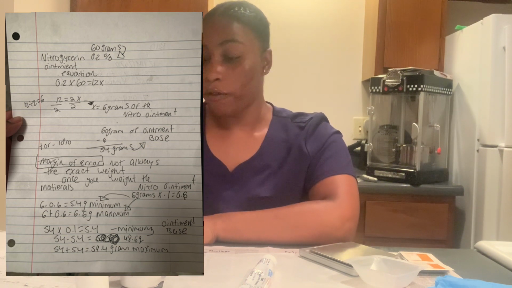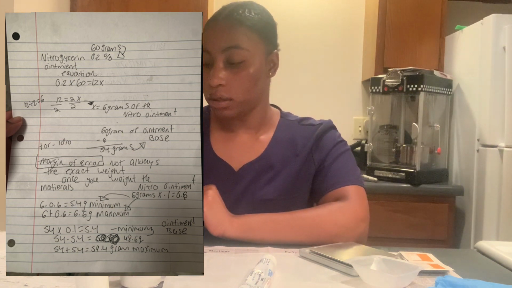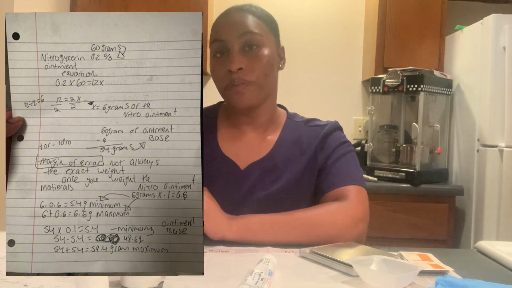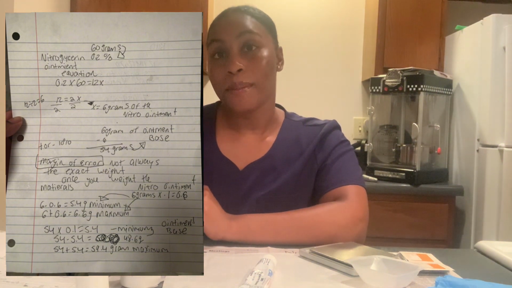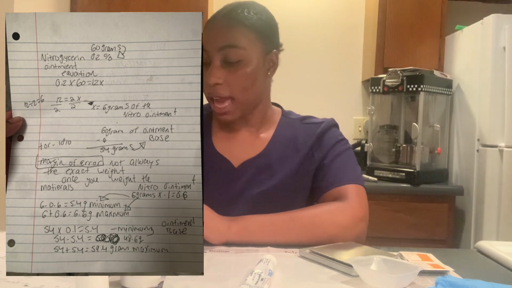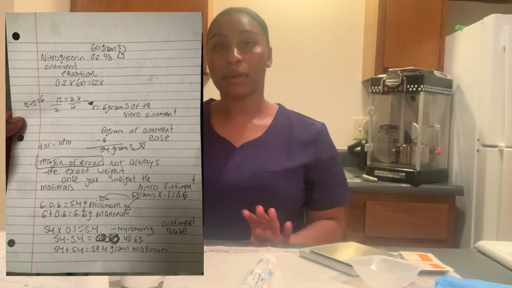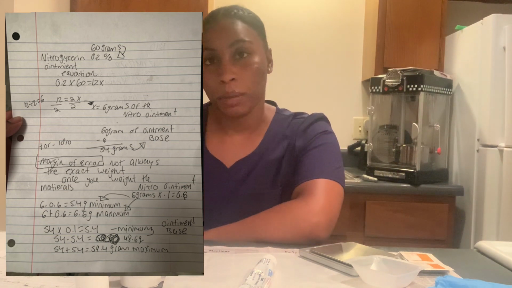So with the margin of error, we will figure out the minimum weight allowed for the ointment base. So 54 times 0.1 equals 5.4 grams. We take 54 minus 5.4, which equals 48.6 grams. That's the minimum allowable weight for the ointment base.